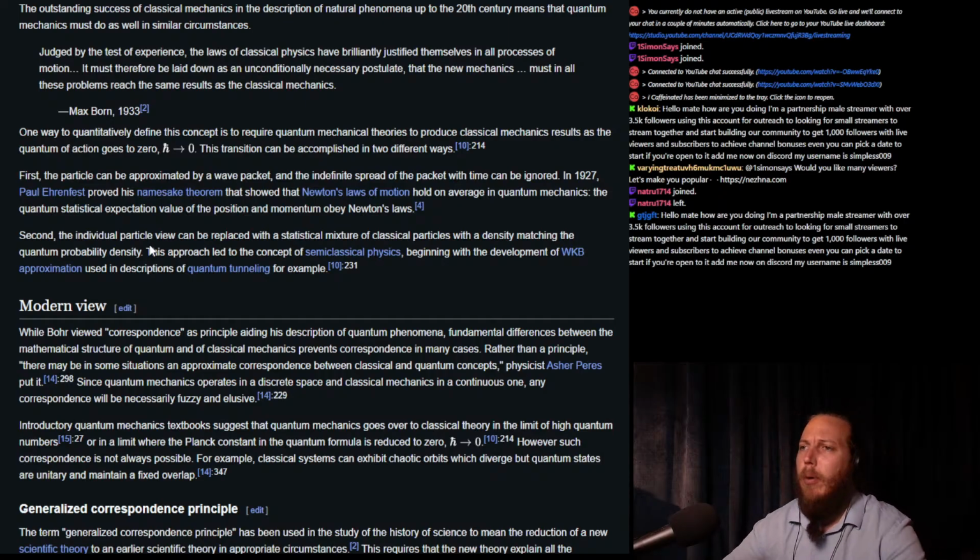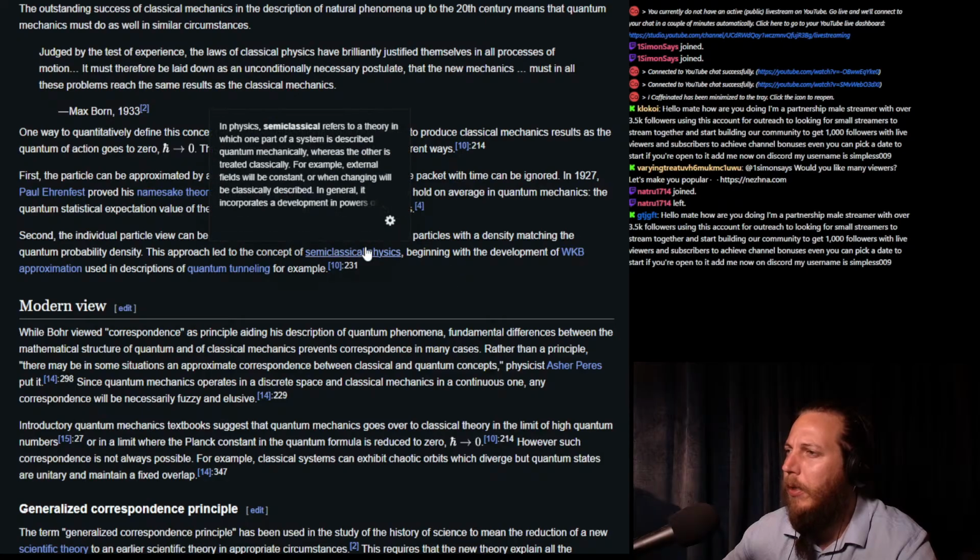Second, the individual particle view can be replaced with a statistical mixture of classical particles with a density matching the quantum probability density. This approach led to the concept of semi-classical physics, beginning with the development of the WKB approximation used in descriptions of quantum tunneling, for example, in which one part of the system is described quantum mechanically, whereas the other is treated classically.